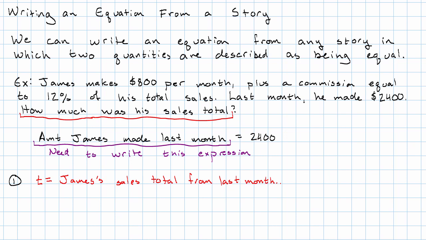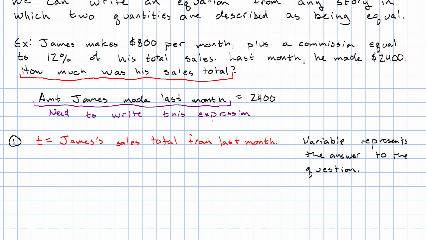T is James's sales total from last month. I like T better than S because S looks kind of like the number 5. We chose that for the variable because the variable now represents the answer to the question. Now we want to just kind of rough out our expression.